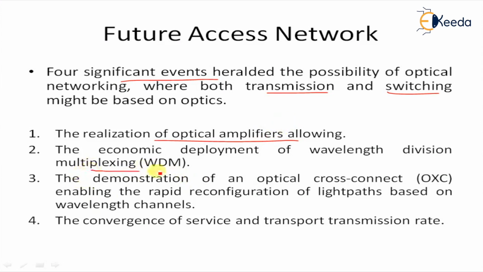WDM is the most important parameter in the case of the optical network. Third, the demonstration of the optical cross connect, enabling rapid configuration of light paths based on wavelength channels. And the fourth one, the convergence of service and transport transmission rate. So these are the four significant parameters discussed in this slide.